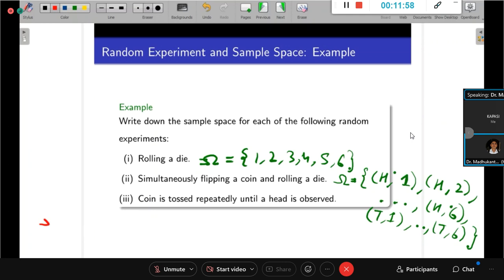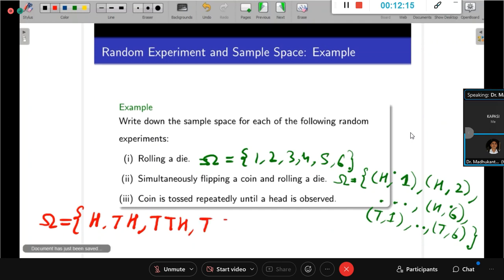Here omega in the third case is: if the first is head, you stop. If the first is tail, then the second could be head. Then the third could be TTH, right? Then TTH and so on. So you are entirely busy for the whole day.